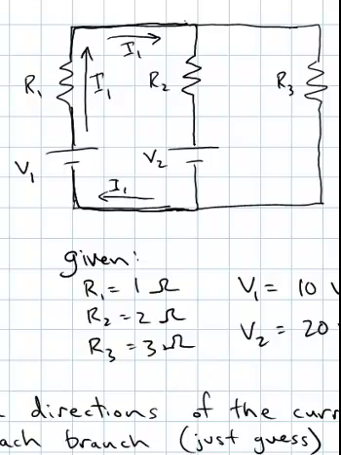Everywhere in that part of the circuit has the same current, I1, and I'm choosing up through resistor R1 as my direction.